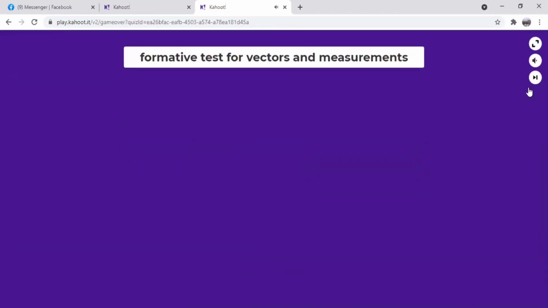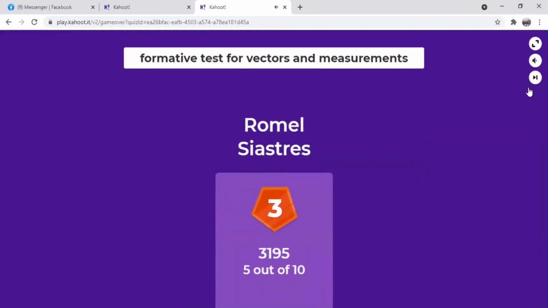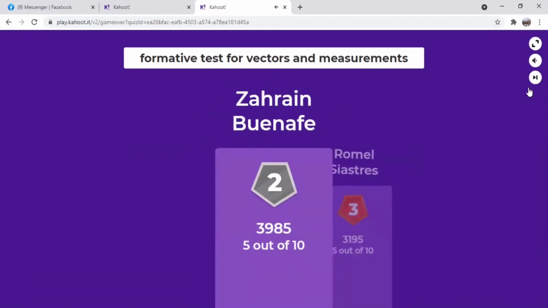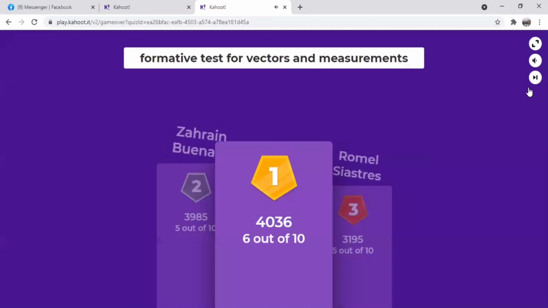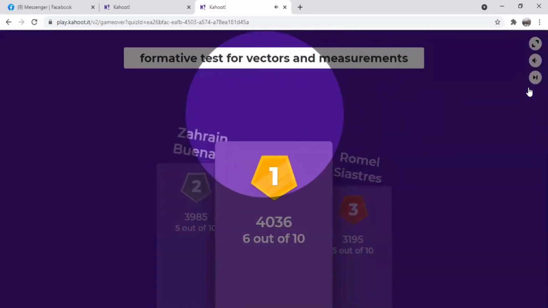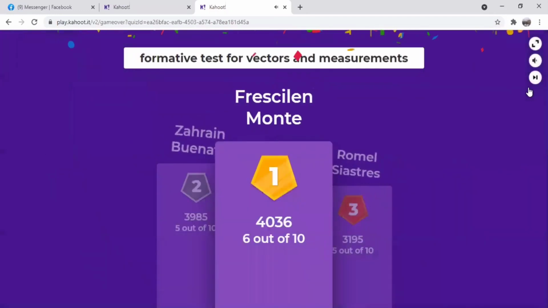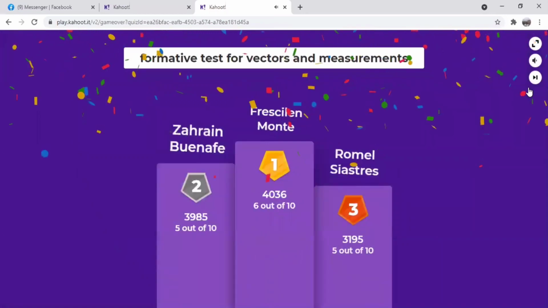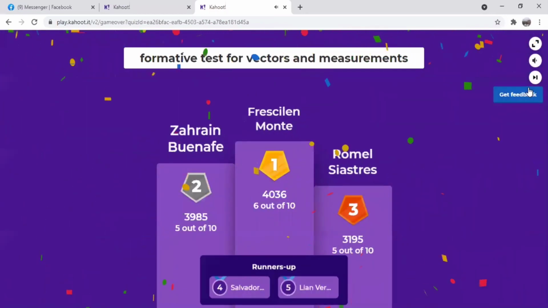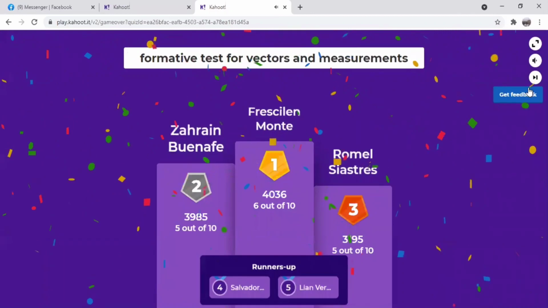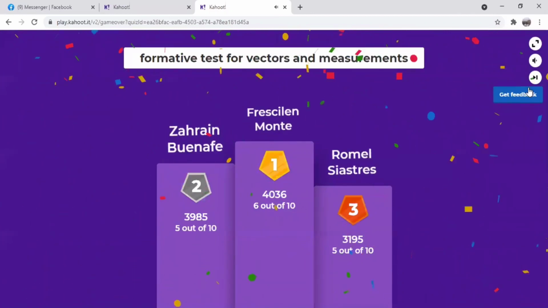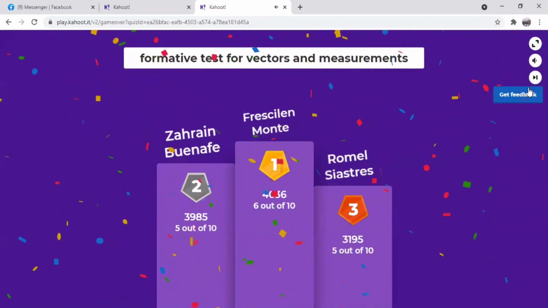Okay, so let's have the podium. Romel is third. And then Zara is second. Then Freselin is first.